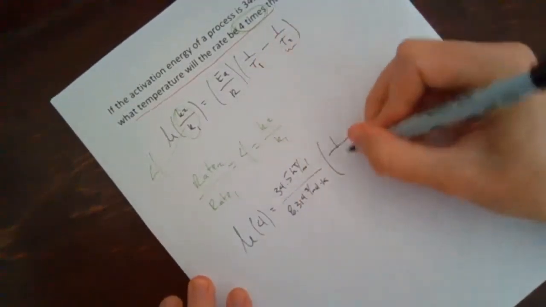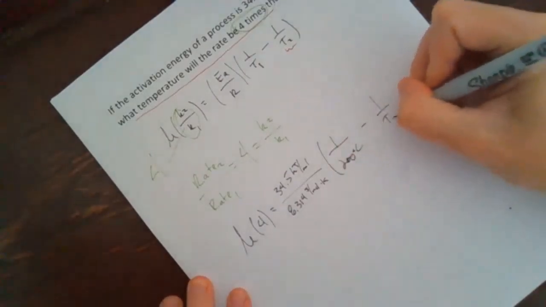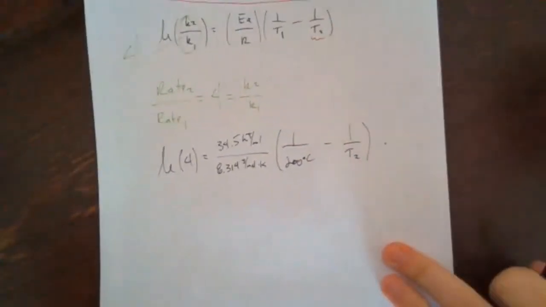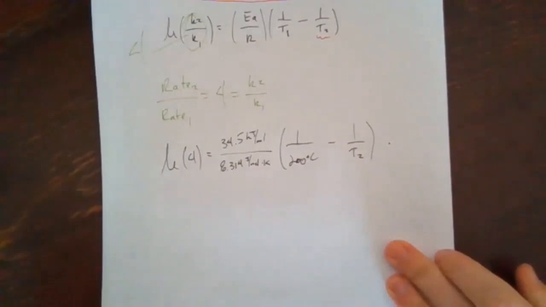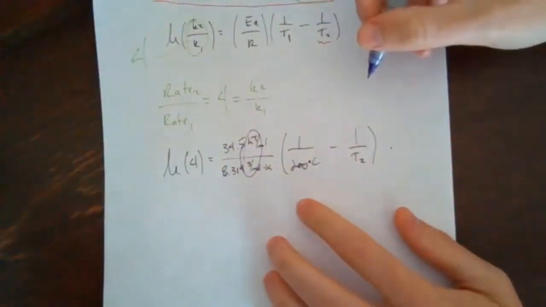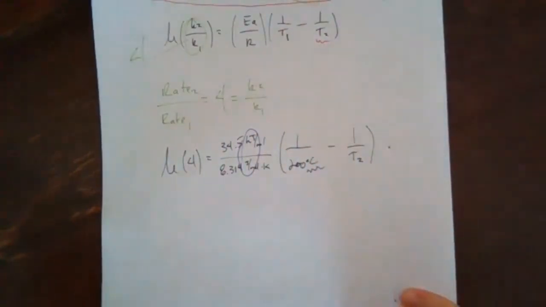Then 1 over T1, 200 degrees C, minus 1 over T2. So we want to clean up some things with our units. Those need to line up. Joules and kilojoules need to be the same. And that should not be degrees Celsius.